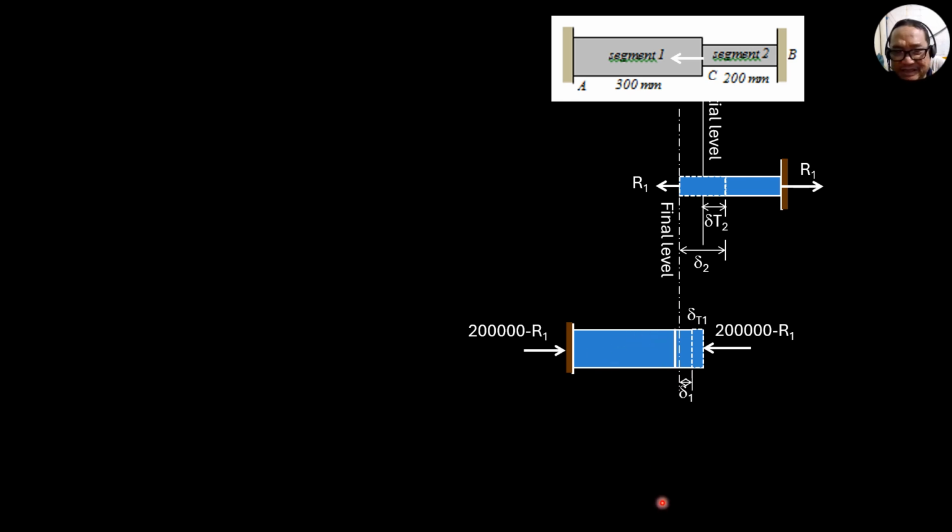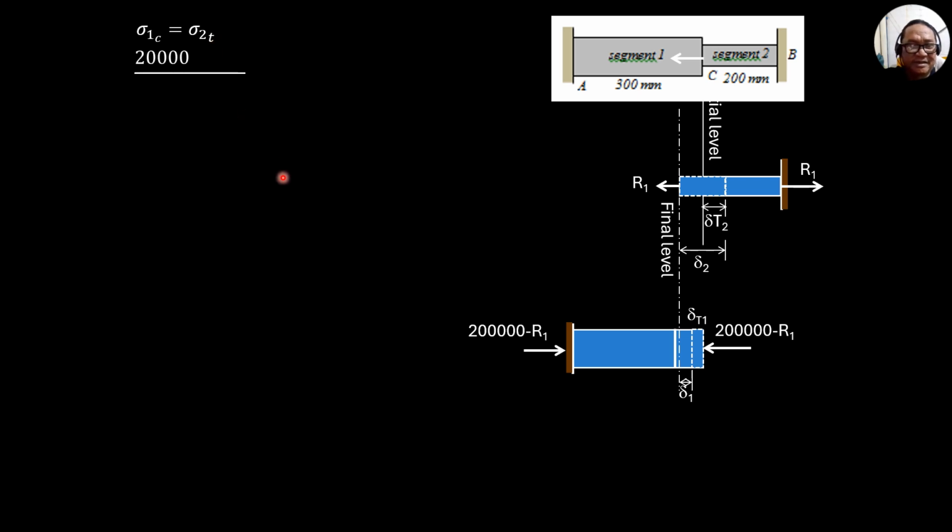So that is delta 1. So the equation now would be, we equate this, so delta 2 minus delta T2 equals delta T1 plus delta 1.